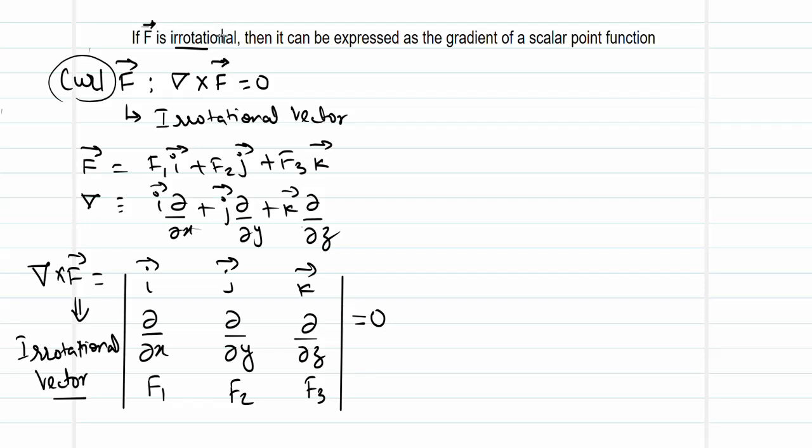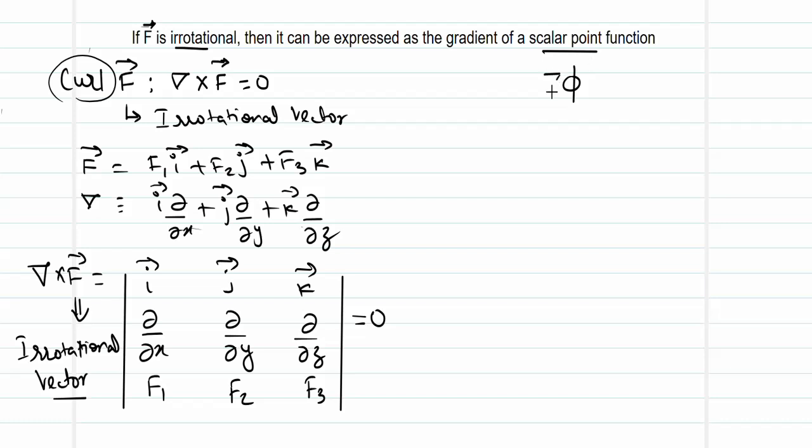If f vector is irrotational, then you can express it as the gradient of a scalar point function. This scalar point function is going to be a scalar function. Say suppose phi is the scalar point function for us. Now how to represent the gradient of a scalar point function?